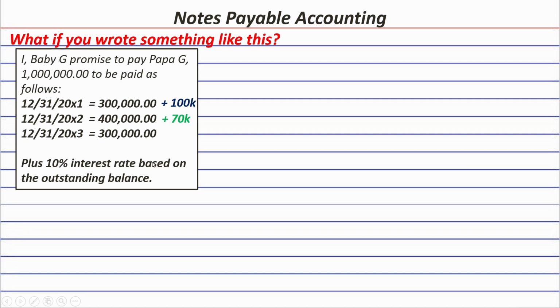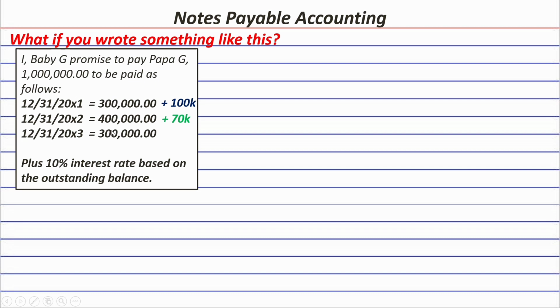Okay? And lastly, at the end of the third year, you are to pay interest of 10% based on the outstanding balance of 300,000 only already. Okay? Because from 1 million, the 300,000 principal has already been settled in the first year. And the 400,000 has already been paid in the second year.